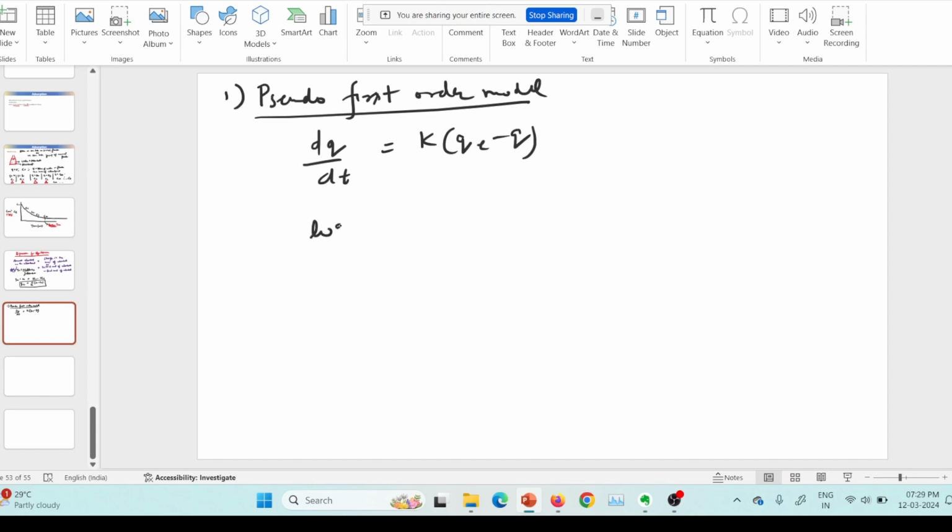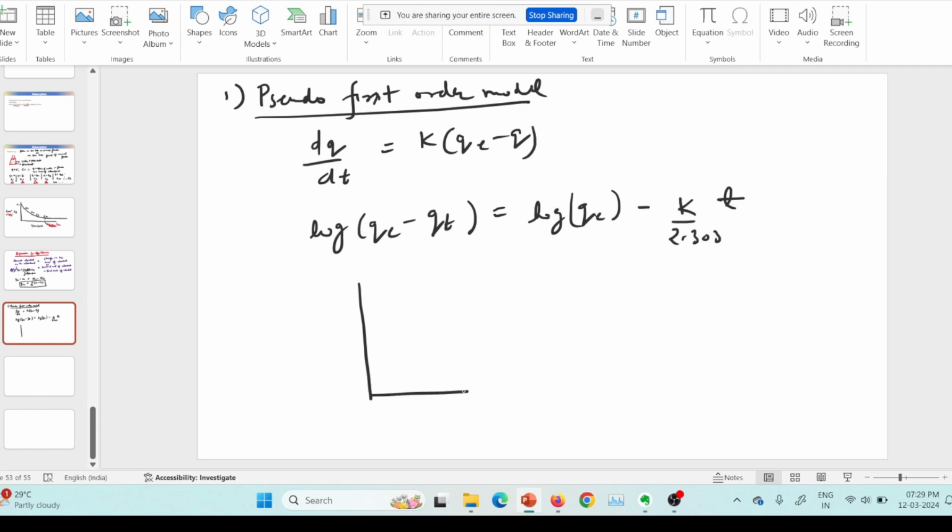On solving, you will get log qe minus qt equals log qe minus k divided by 2.303 into t. If you plot between log qe versus t, you will get the intercept as log qe.